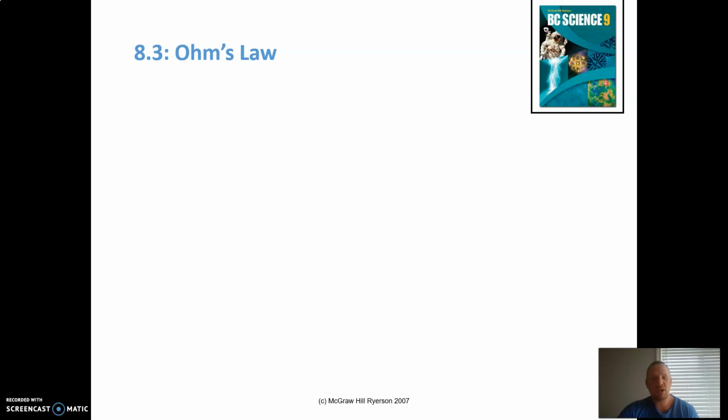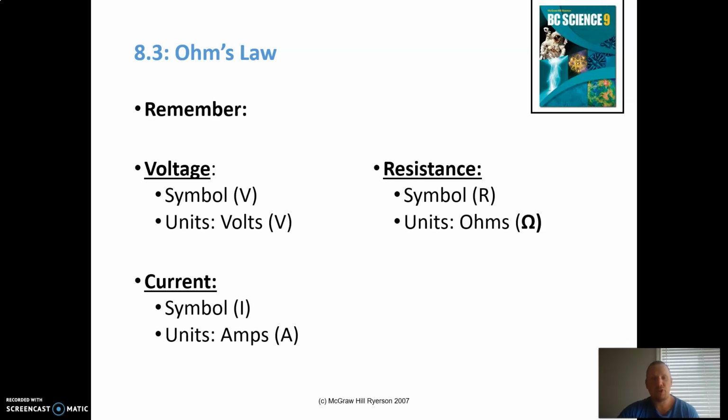As you just saw, when I changed the voltage on the battery, the current went up. That's because voltage, current, and resistance are all related. So just remember the symbols. The symbol for voltage is V and the units are volts. The symbol for current is actually I and the units are amps.